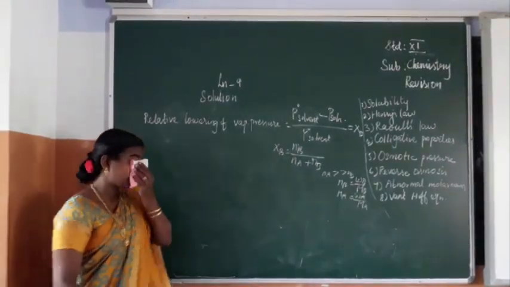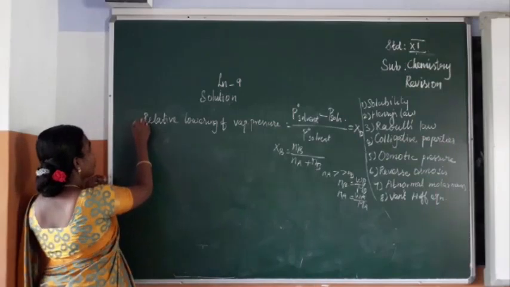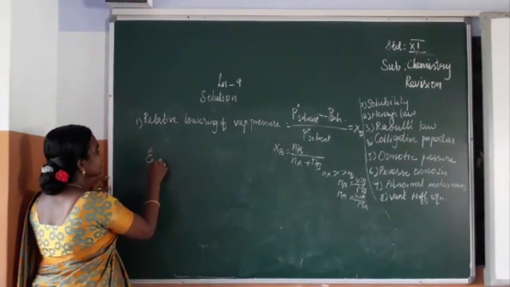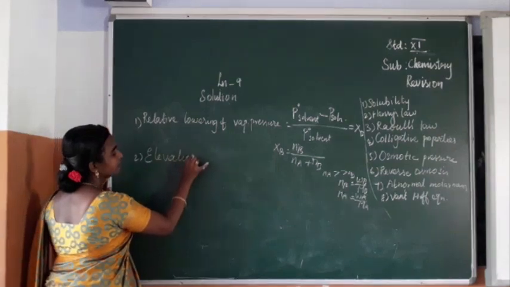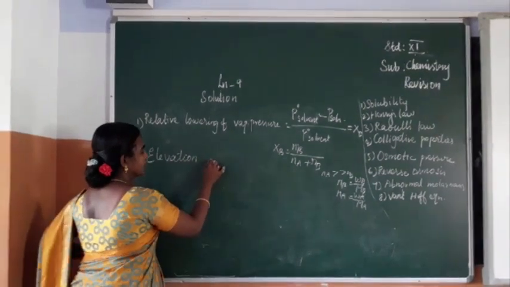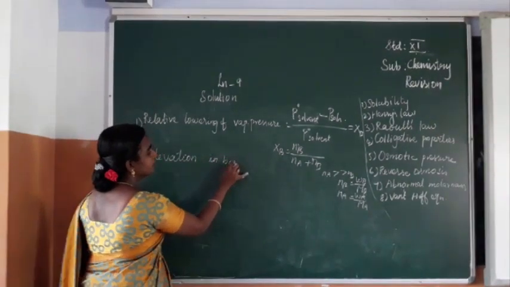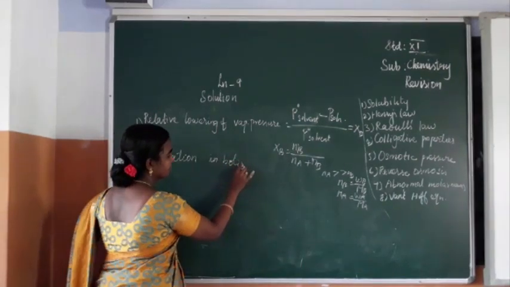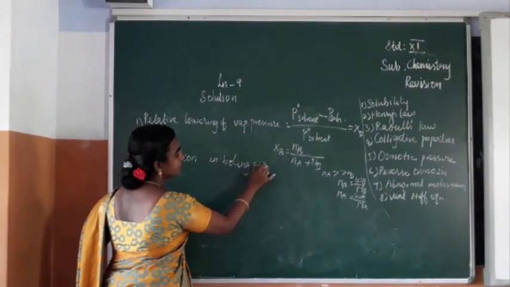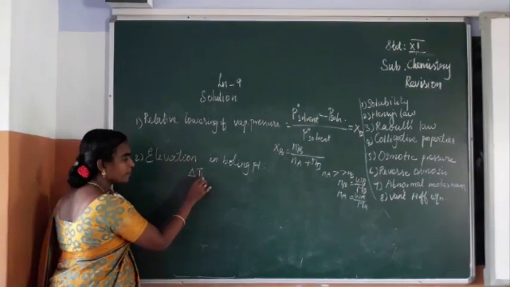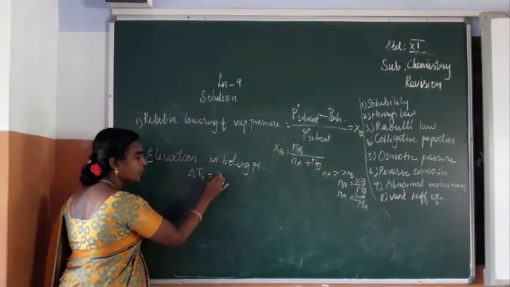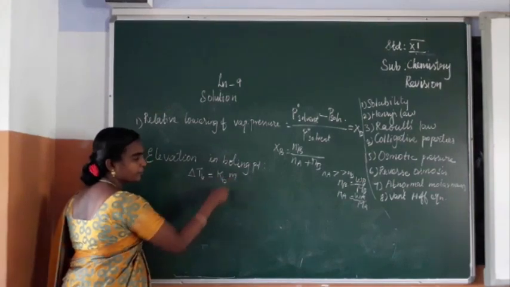Next is elevation in boiling point. Elevation in boiling point, delta TB, is equal to Kb into m.